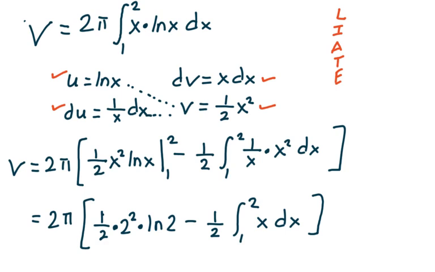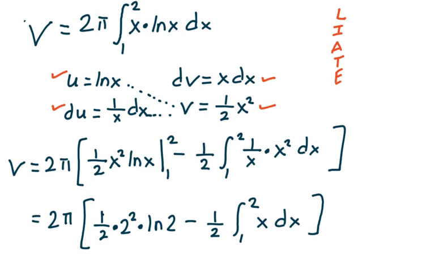So the volume is 2 pi times the quantity 1/2 x squared natural log of x evaluated from 1 to 2, minus 1/2 the integral of 1 over x times x squared dx, where the limits of integration are from 1 to 2. So notice uv minus the integral of v du.